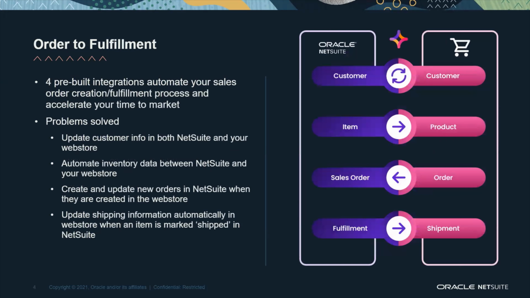In this commerce scenario, order to fulfillment, we have 4 pre-built integrations that automate sales, customer, order, and fulfillment information between your web store, let's say Shopify, and NetSuite. So if an order comes in through Shopify, through your web store, it'll be created in NetSuite. If a customer creates a user profile, their first-time customer, in Shopify, that'll automatically be created in NetSuite.